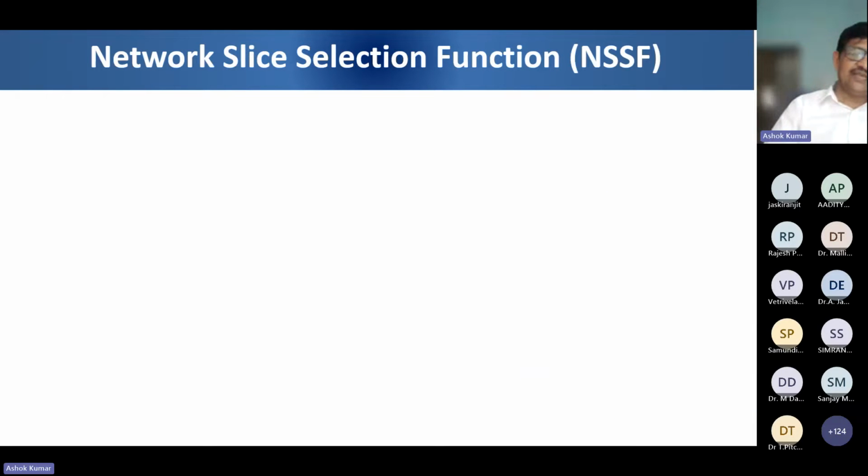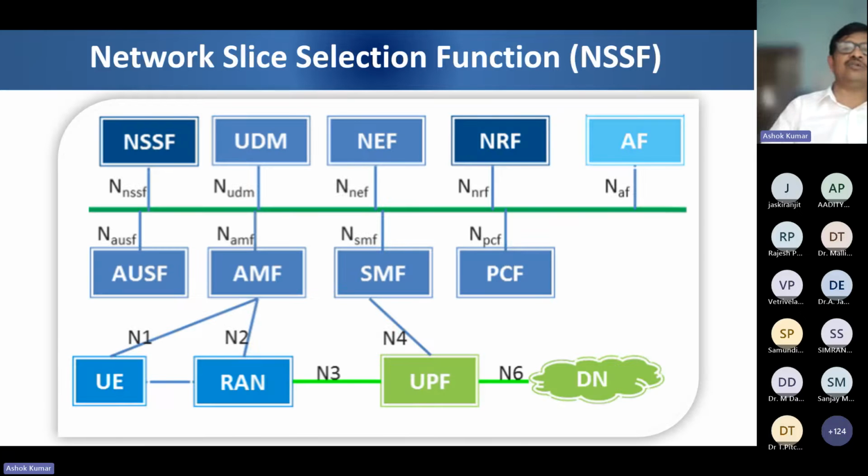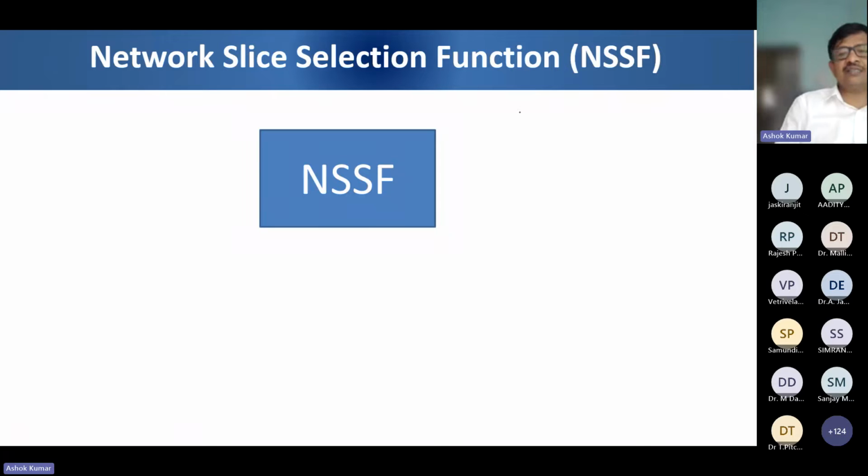Okay, the next network function which I want to talk about is the Network Slice Selection Function. We had discussed network slicing earlier. And network slicing is nothing but dividing your network into many virtual networks for different use cases. So which slice is to be selected?